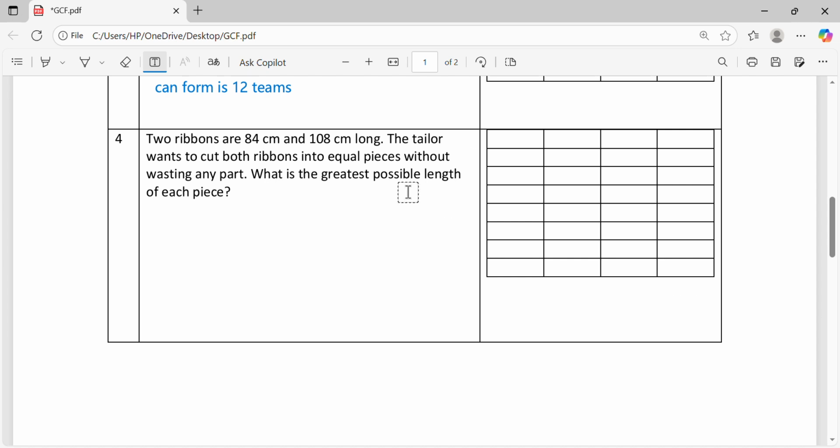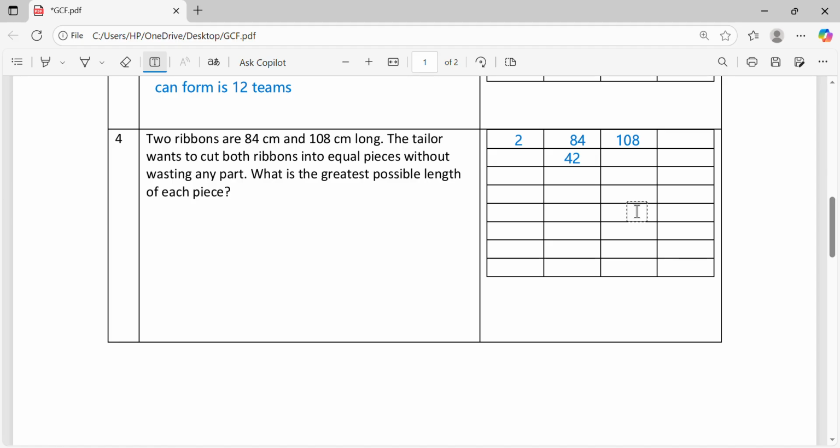So here we use the table method. We are pressing 84 here. We are again pressing 108 here, and since both numbers are even numbers, here we are pressing 2. After pressing 2 on this side and that side, we are dividing as usual. So here, 84 divided by 2, we get 42.